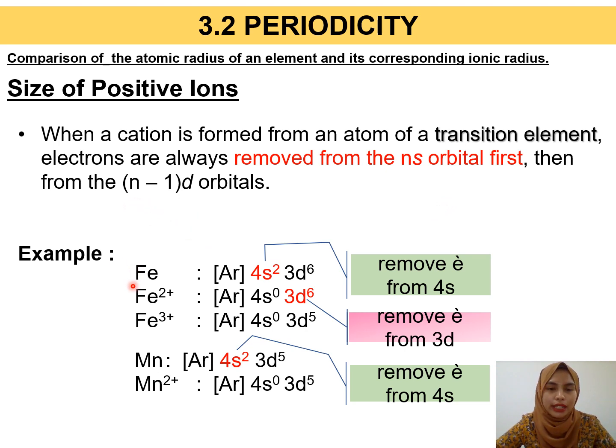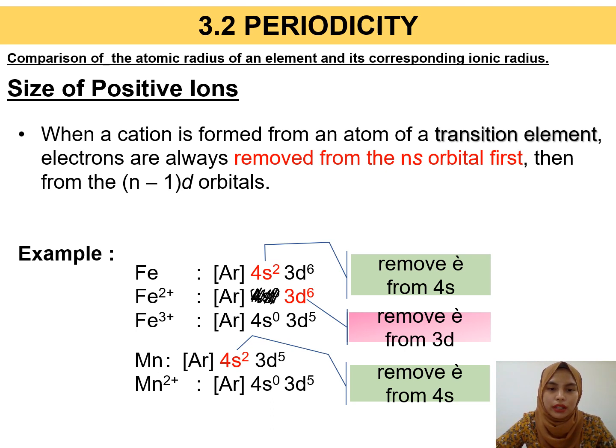For example, if you have iron with the electronic configuration 4s2 3d6 and you want to turn Fe into Fe2+, you need to remove the electrons from the 4s first, then the 3d. So the electronic configuration of Fe2+ will be Ar 4s0 3d6. The 4s is no longer there since it has been removed.